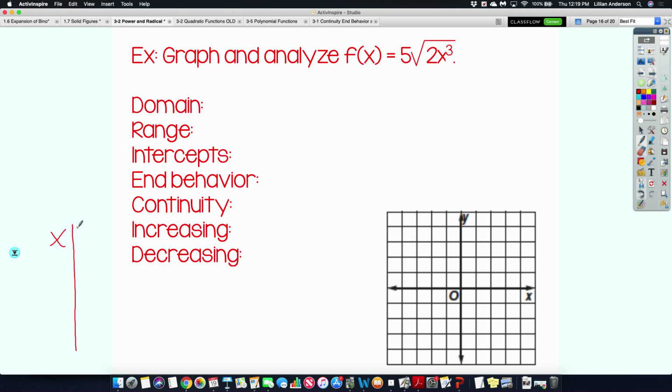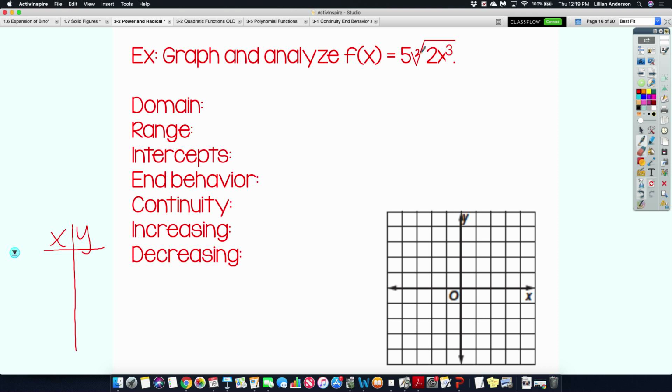Now, is this an even root or an odd root? That's the power. The power is odd, but look at the root. It's even. This is technically a square root. It's an even root, which means it's going to shoot off kind of like a rocket from 0.